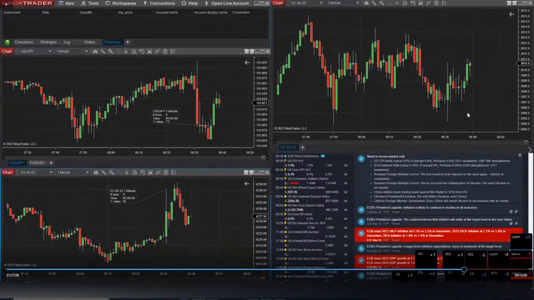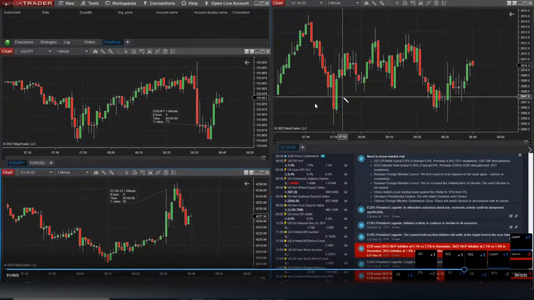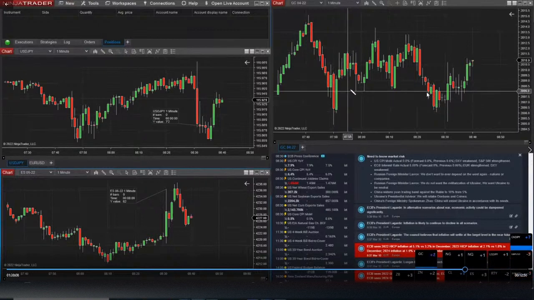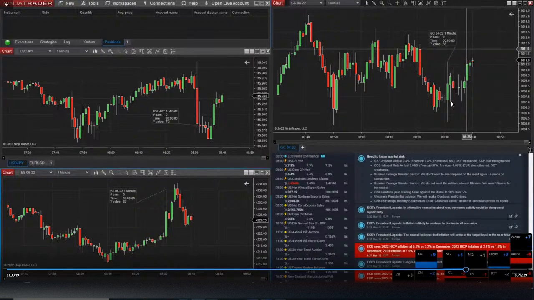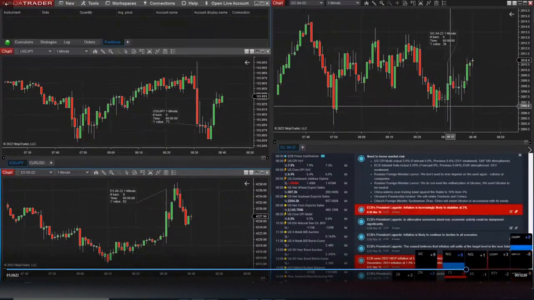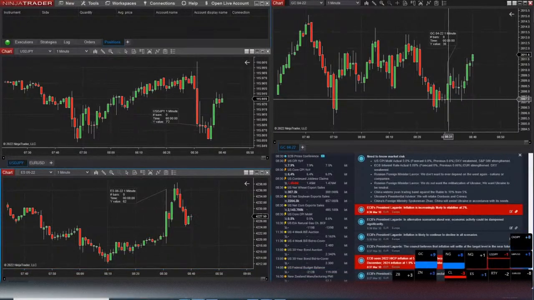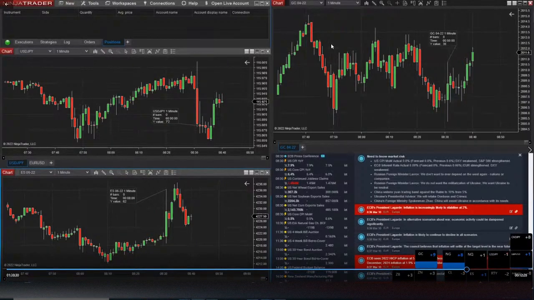So that was one bit of data there that we had seen on March 10th. So again, we had seen some movement towards the upside there. I think if we go through the rest.